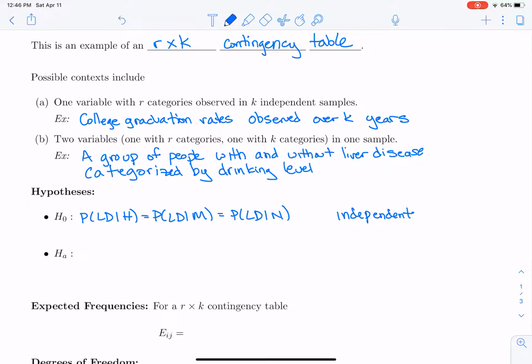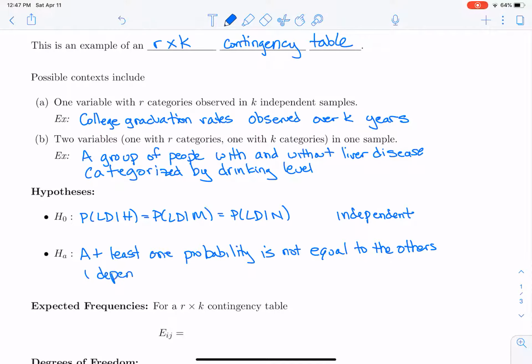So the alternative is that at least one probability is not equal to the others. So you have dependence for at least one category.